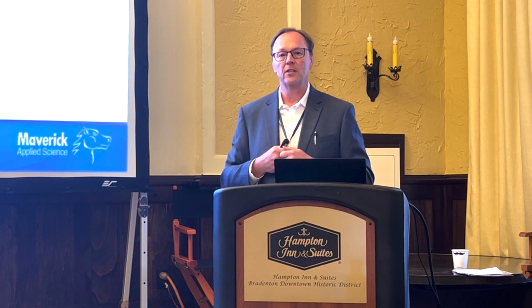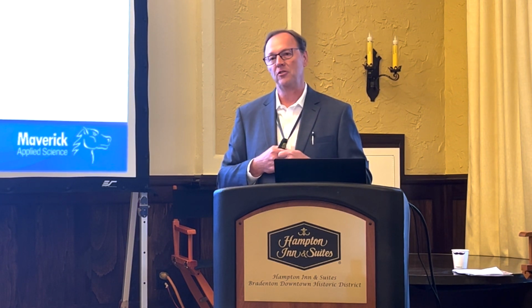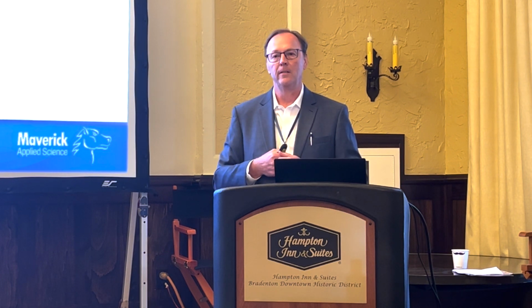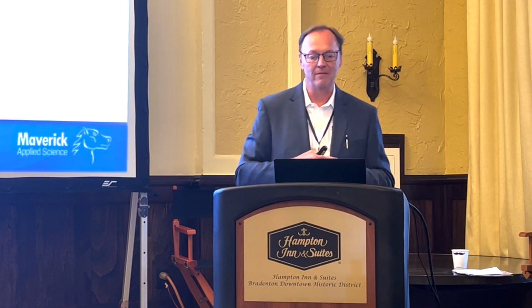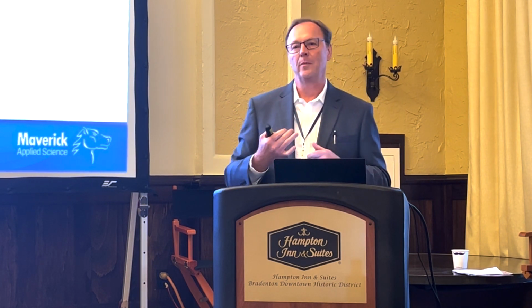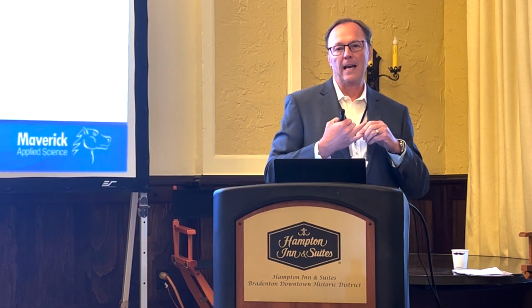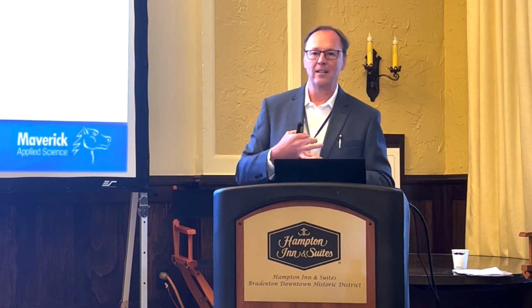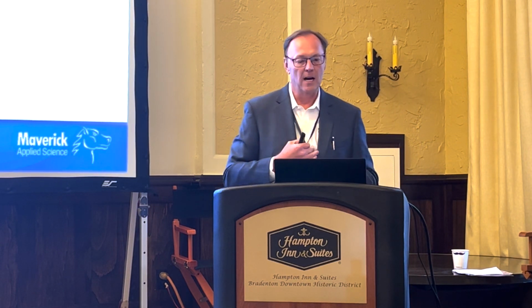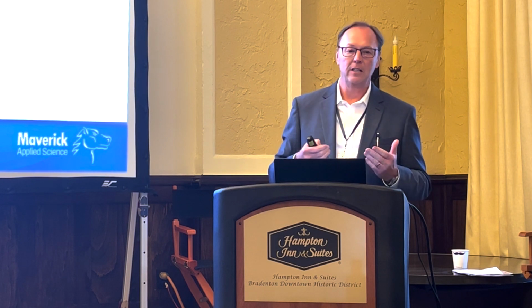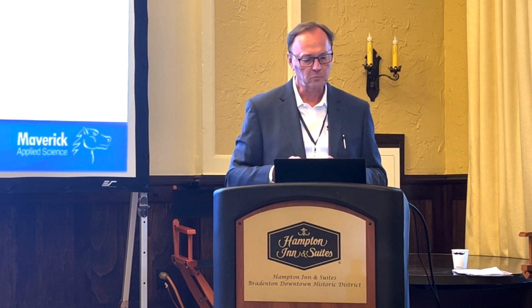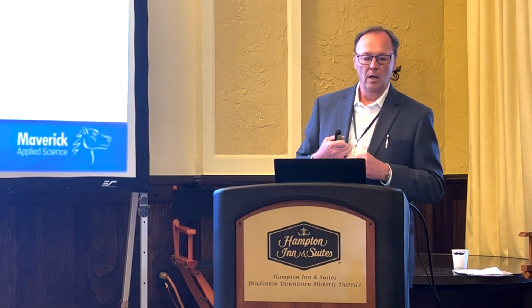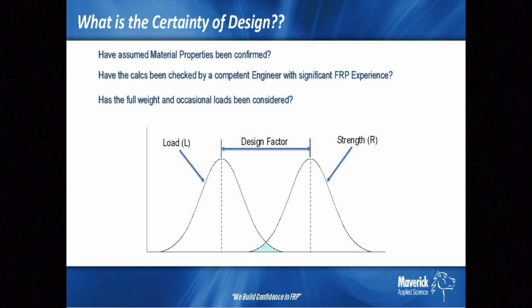Most owners, and even some engineering companies, are challenged to check non-metallic calculations, because the methodologies can vary a lot. You need to make sure you have somebody who has experience doing it and understands the standards intimately, or else you're at best hoping that guy didn't make a mistake. And has the full weight, occasional loads been considered?